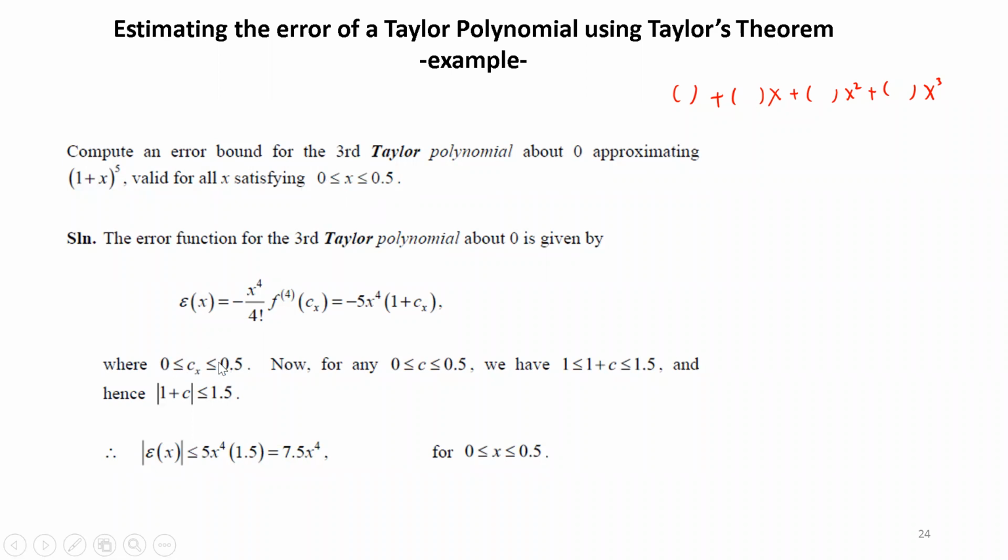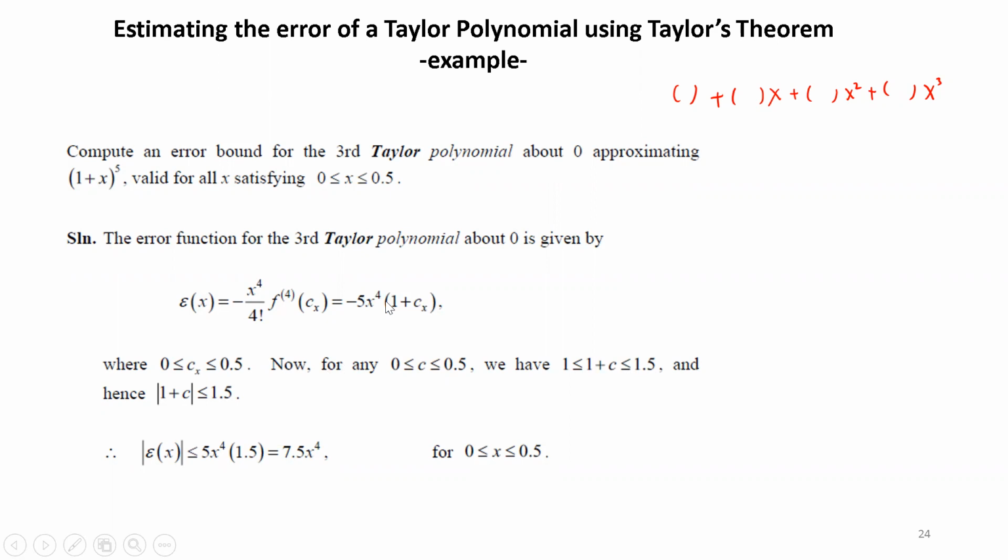Therefore this 1 plus cx lies within this range, and the maximum absolute value of this 1 plus c is just 1.5. So the absolute value of this one at most is 1.5.